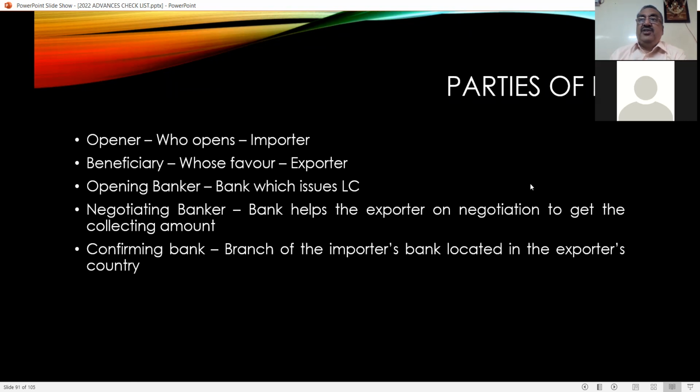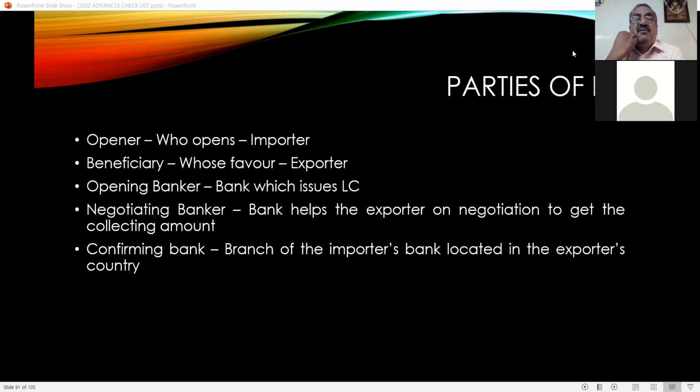Confirming bank is the branch of the importer's bank located in the exporter's country. For example, an Indian bank in Salem issues an LC to the UK, and the Indian bank's branch in the UK has to confirm the LC. That is called the confirming bank.